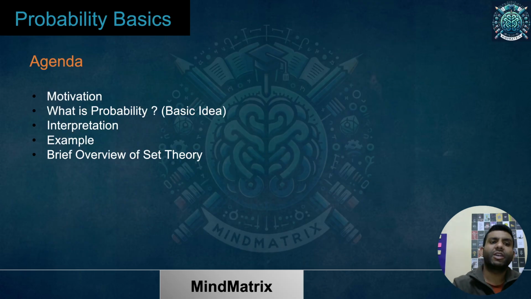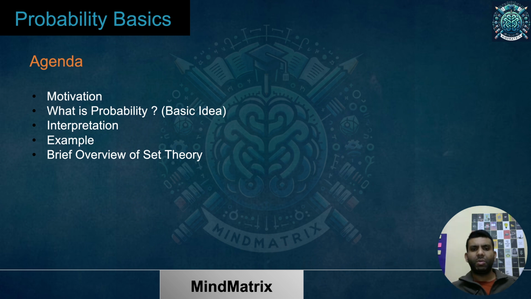So today the agenda is going to be motivation, basically just to give you an insight into how important probability is in real life. Then we'll talk about some basic definition, not exactly the definition, but what exactly probability is, because the definition will be covered in the next session.